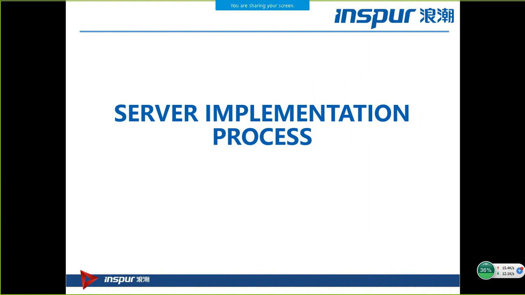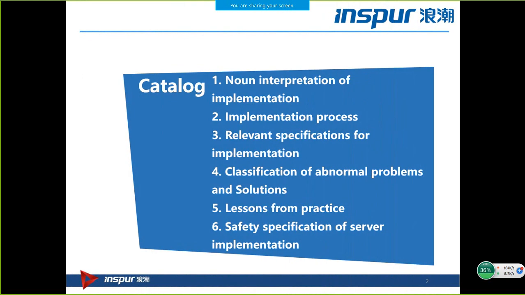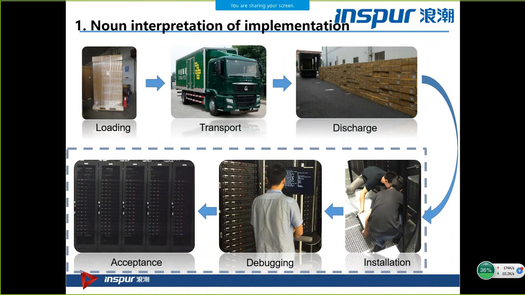Okay, today the topic is about the server implementation process. And here are 6 steps, our catalog of the implementation. First, we usually load our servers from our manufacturer and then transport to the target country.